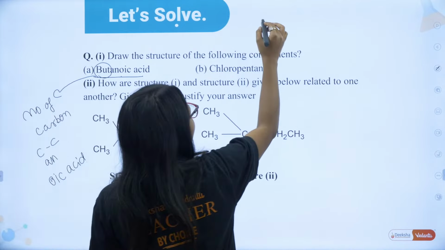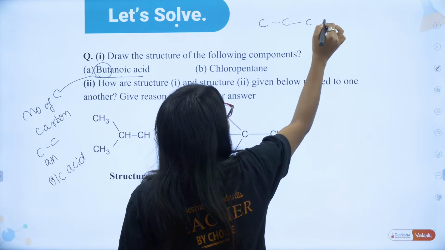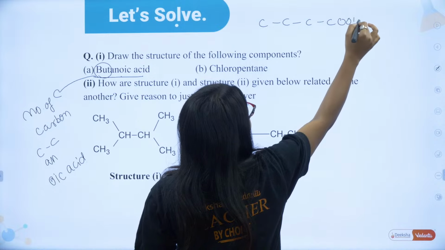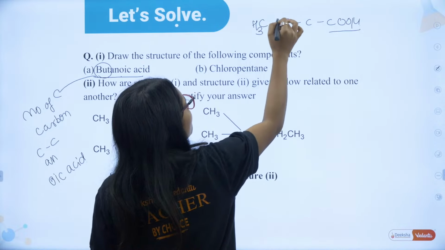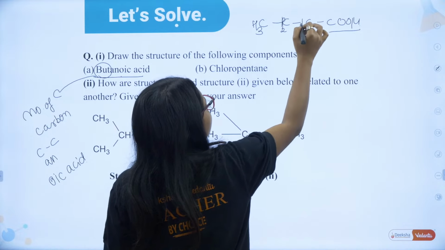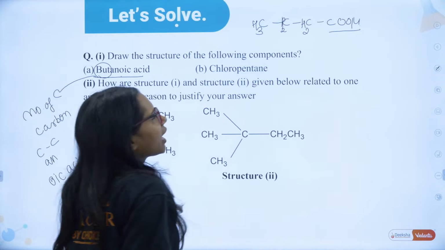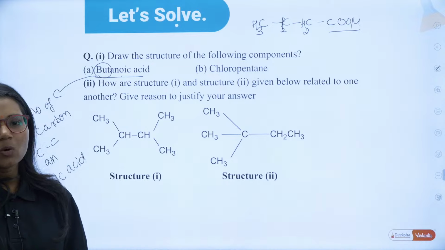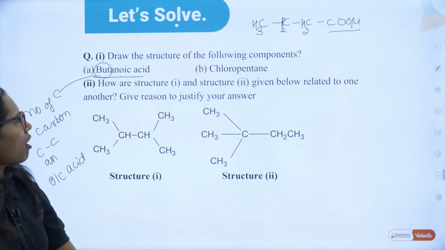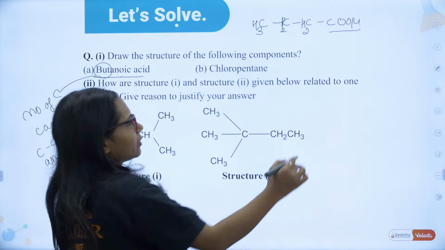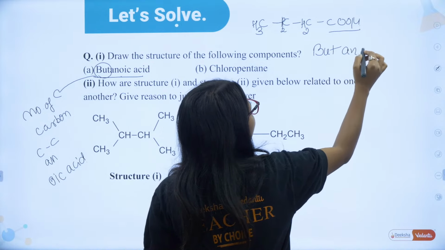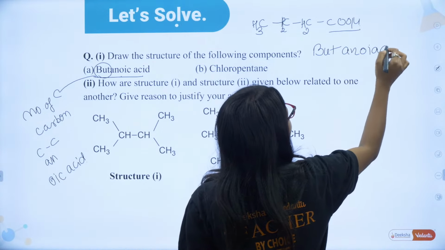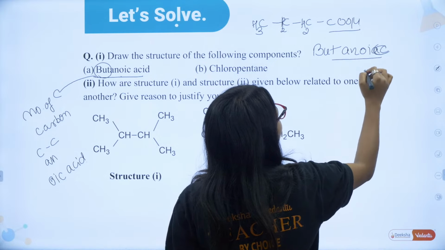So how will you write it? 4 carbons, 1 is the carboxylic acid, and the rest you will satisfy the valency by hydrogen. So this is the structure of butanoic acid.